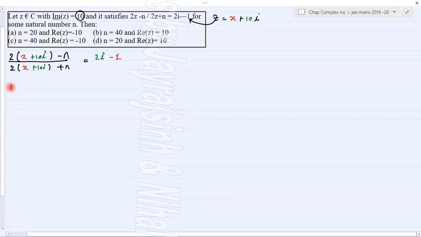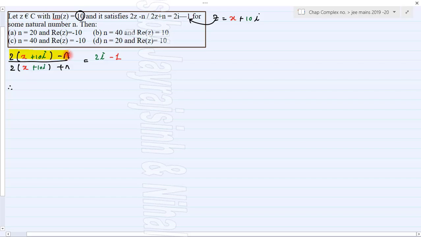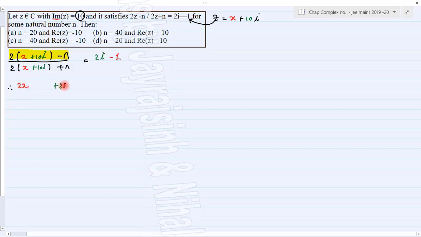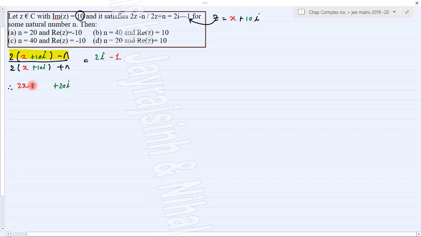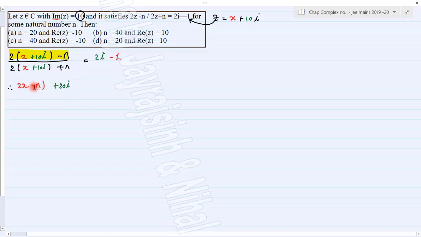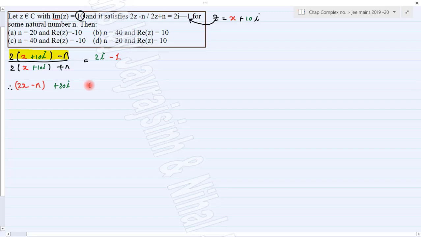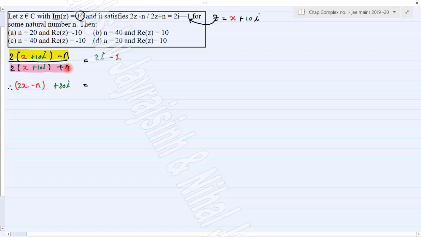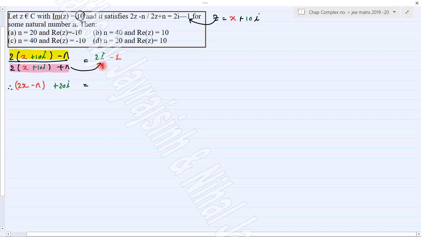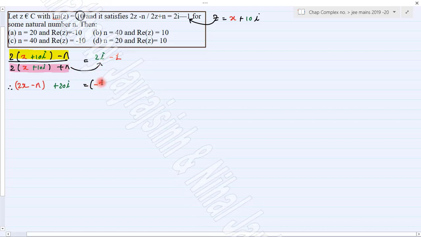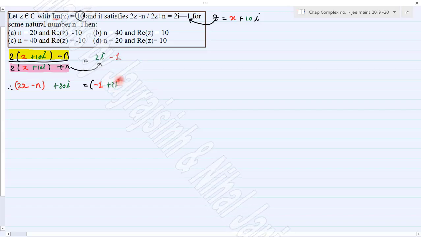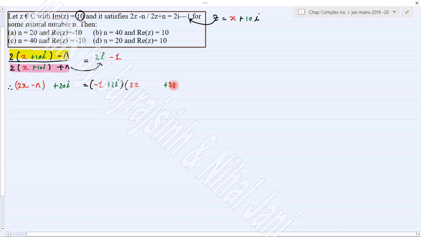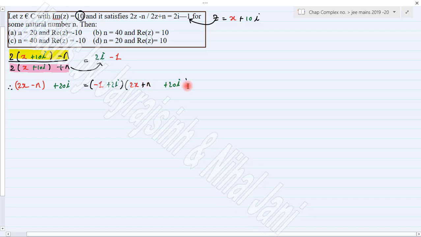So let's try to simplify. Your numerator will be 2x plus 20i minus n, which is your real part. And this denominator should be moved to the right hand side. So we have to multiply minus 1 plus 2i with 2x plus 20i plus n.